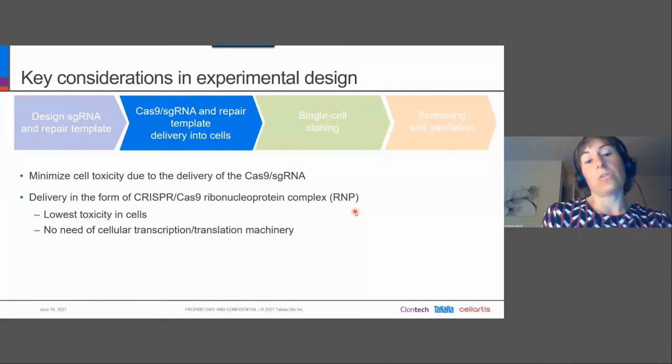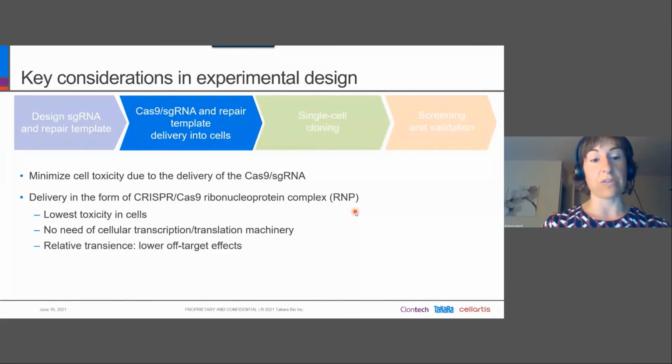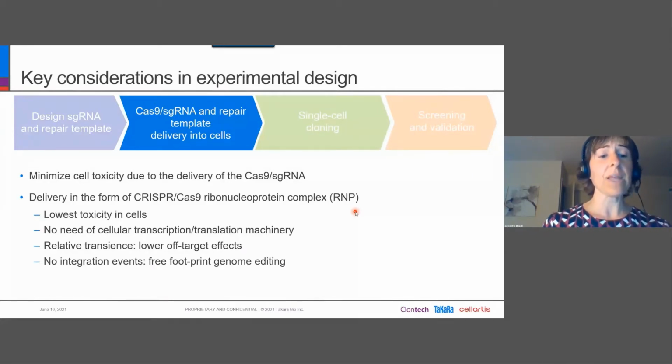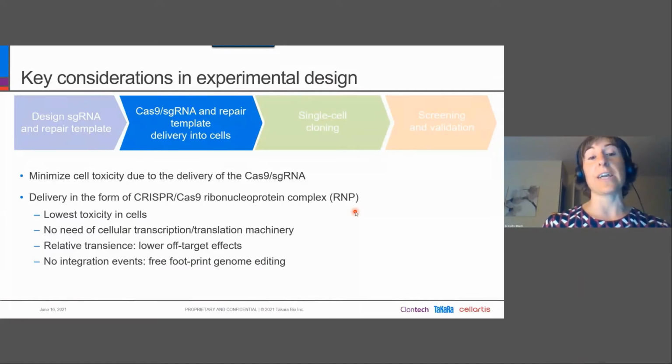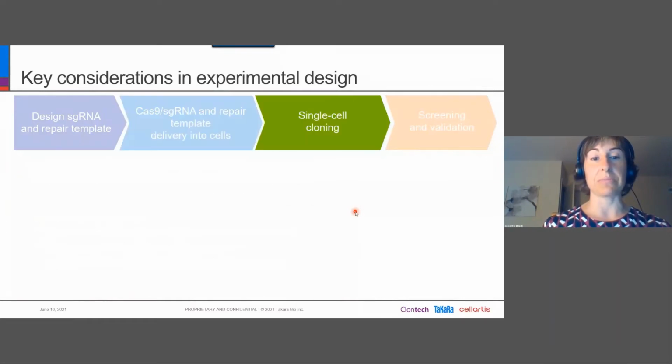You don't need the transcription or translation machinery, and because there is relatively low persistence, meaning that the Cas9 is usually between 24 to 48 hours inside the cells, there are fewer off-target effects. And there are no integration events that could happen, for example, if you are introducing the Cas9 and the single guide RNA encoded in a plasmid.